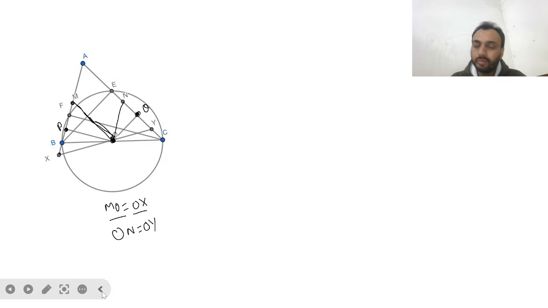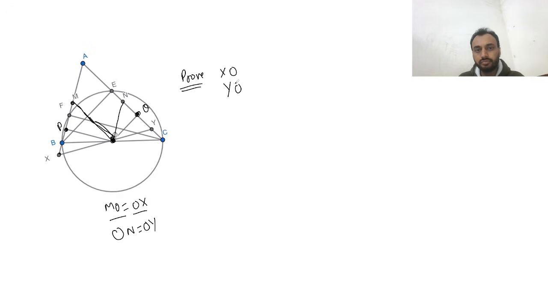I will try to prove it in a way that if I connect XO and YO, right, I connect X to O, and here I am assuming O is the midpoint of BC, and I'm connecting XO and YO.